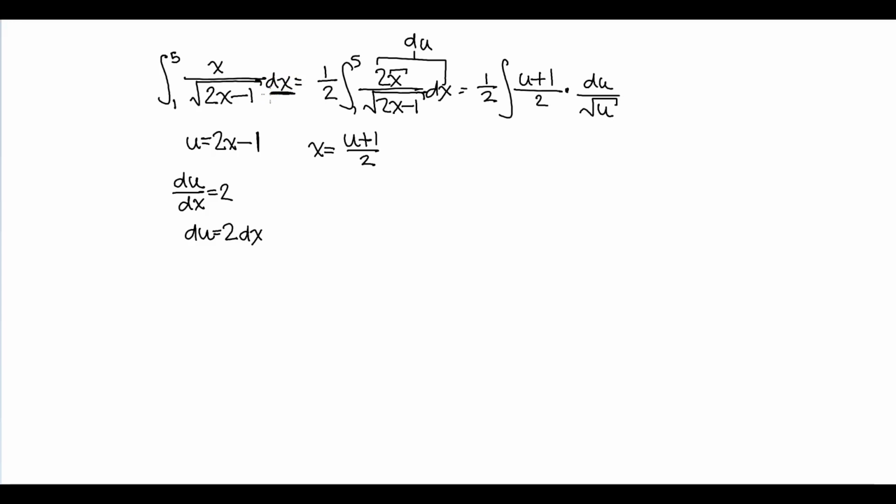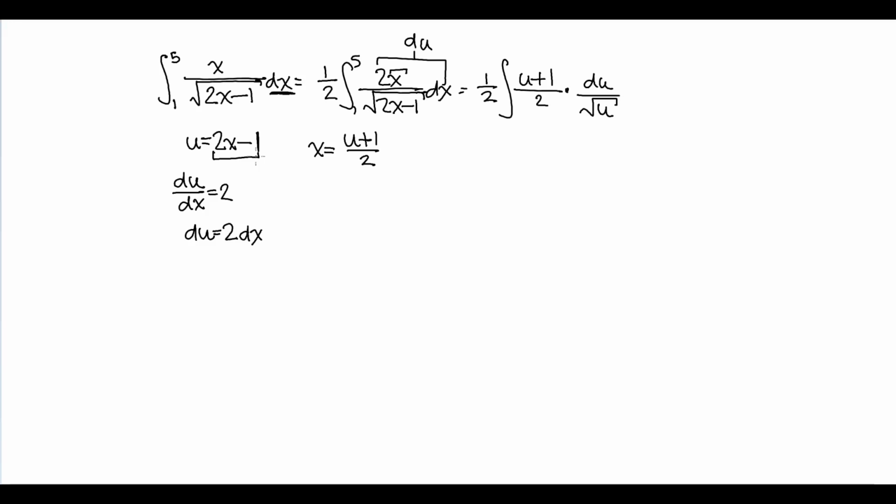You can use 1 and 5 provided that once you take this indefinite integral, you sub in back for x, and you would then use the upper limit and lower limit 5 and 1.